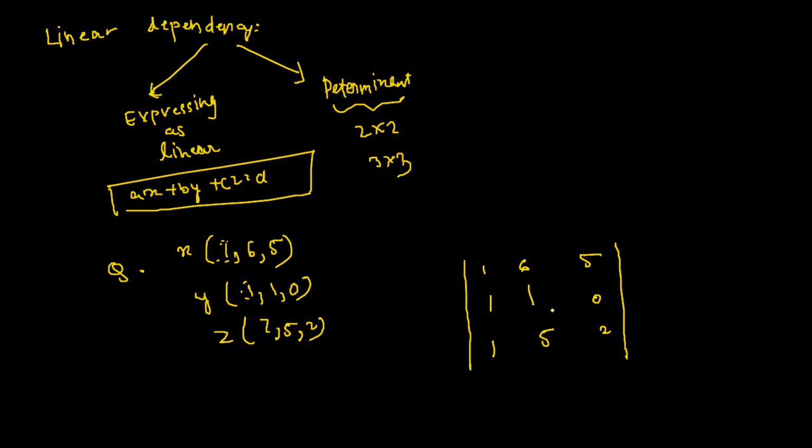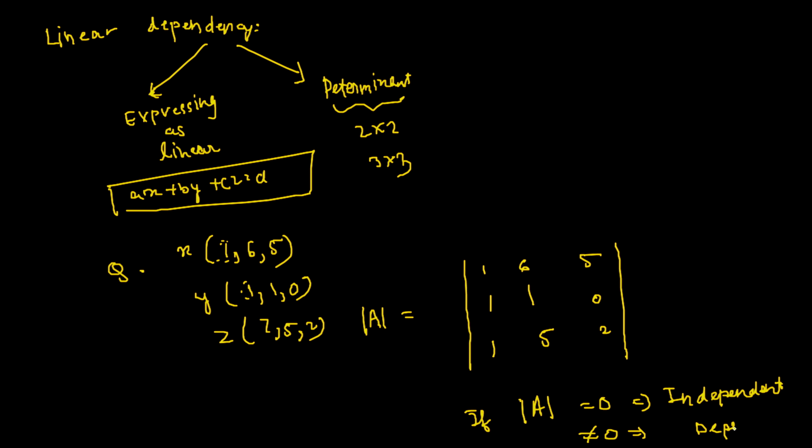If mod a is equal to 0, then it is independent, and if it's not equal to 0, then we can say that it is dependent. Upon calculating this determinant, you will get 4. So we can say that these are all linearly dependent vectors.